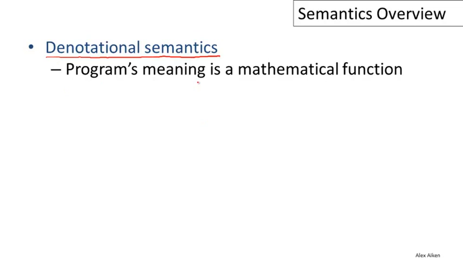The program text is mapped to a function that goes from inputs to outputs, and this function is an actual function that exists in the mathematical sense. This is a very elegant approach, but it introduces complexities in defining an appropriate class of functions that we don't really need to consider for the purposes of just describing an implementation.